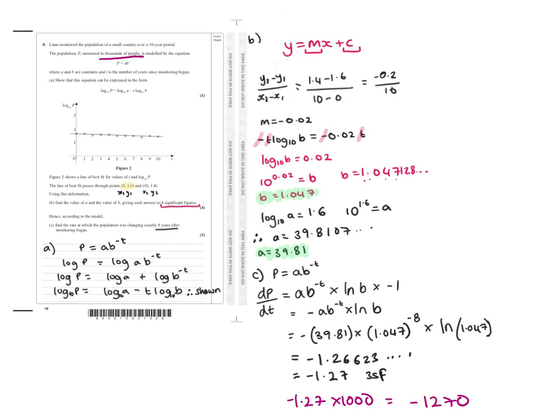Would we put minus 1,270 people? Probably not. We'll write a sentence and we could put decrease of 1,270 people a year. Okay? Nice and simple.